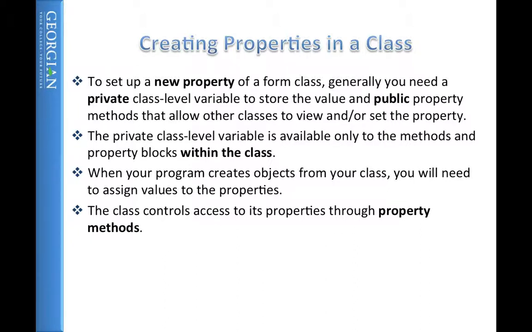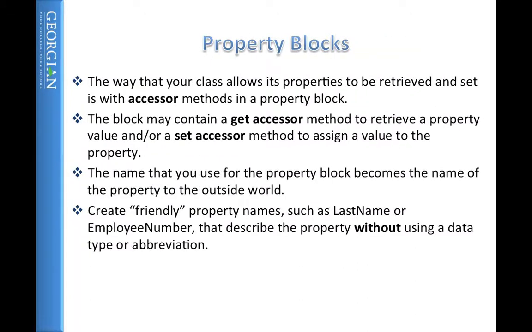Generally, you need a private class-level variable to store the value and a public property method that allows you to pass the information to the other classes. How do we do that? There are these property blocks that we're going to create, so-called accessor methods: a get accessor and a set accessor in C#. That's what they're called. And what we're going to create are these friendly property names.